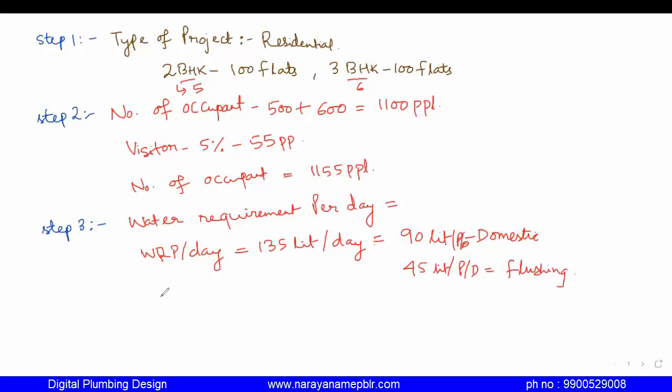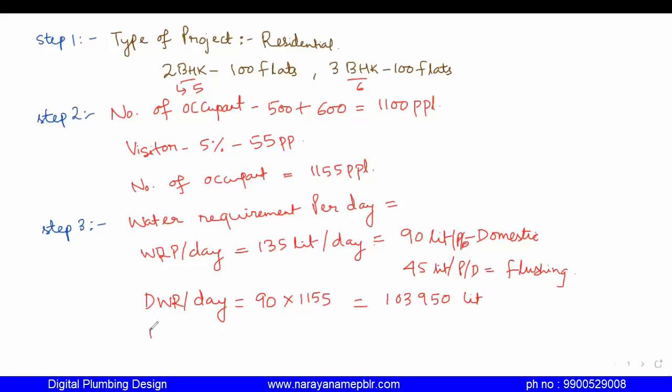The flushing water requirement is how much? Domestic water requirement per day is 90 multiplied by the number of people, 115, which is 103,950 liters.